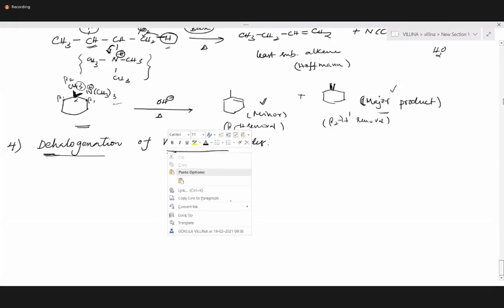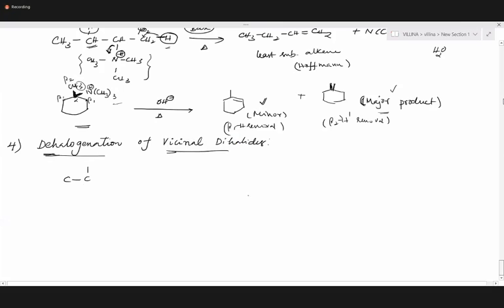So this can be any part of the alkyl chain, and you have two halogens on the vicinal position, in the sense adjacent positions. And now we will be heating this in presence of an alcohol, and that too zinc will be added.